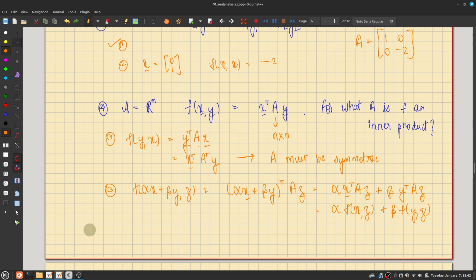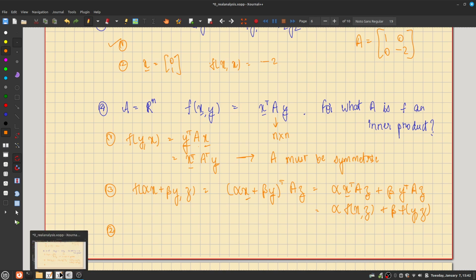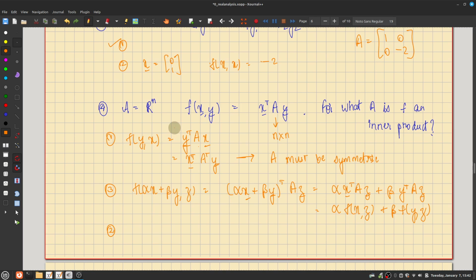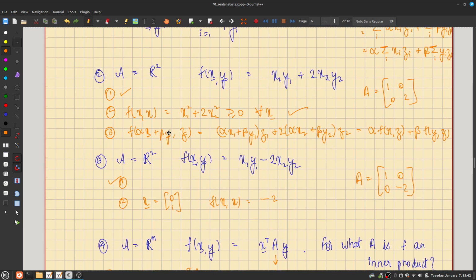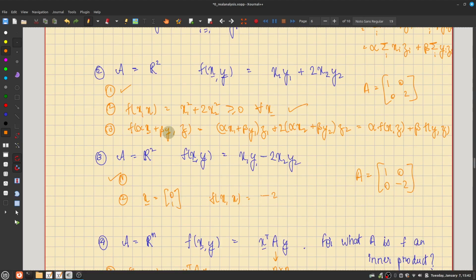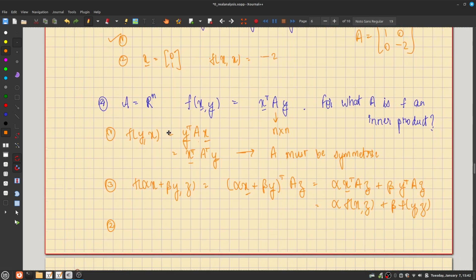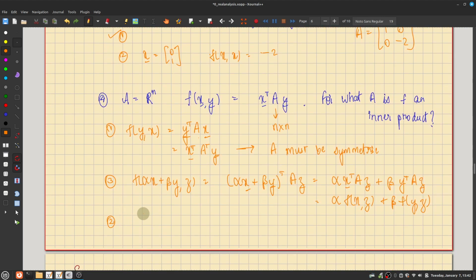Right? Now let's look at the second property. What do we want? We want to make sure that f of x comma x is always greater than or equal to 0, and it's equal to 0 only if x is 0. Right?